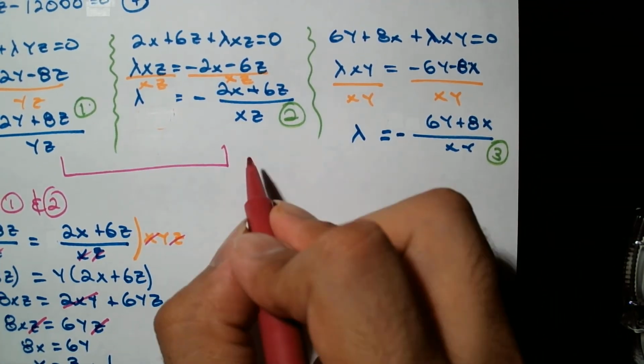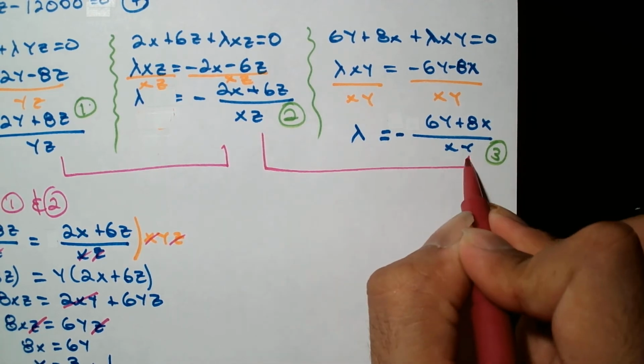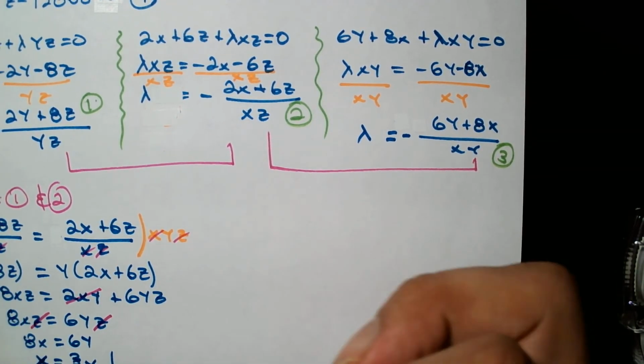I'm going to explain why I'm writing x in terms of y, and for the next combination I'm going to do the same. I'm going to combine 2 with 3 this time.